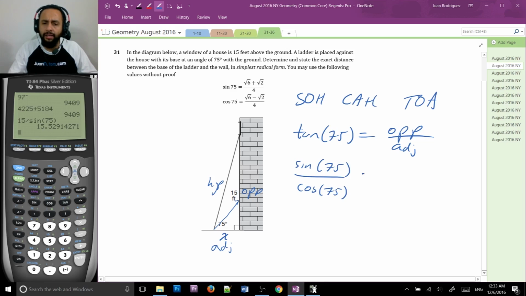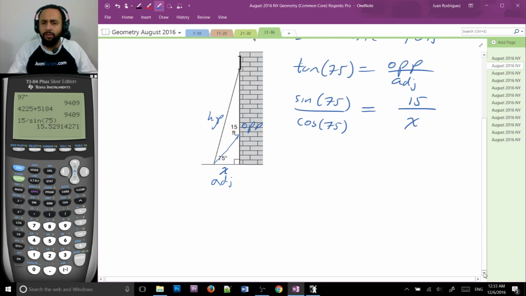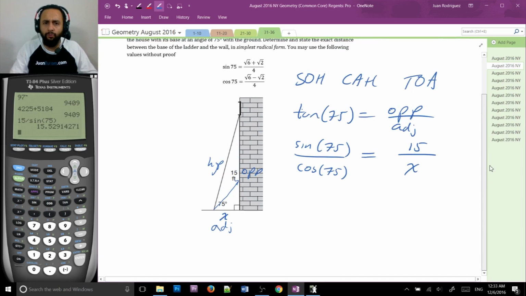Okay, and this is equal to opposite, which is 15, over adjacent, which is x. Okay, let's plug some numbers in. Sine 75, without proof, we are given that it's equal to radical 6 plus radical 2 over 4. And then cos 75 is radical 6 minus radical 2 over 4.